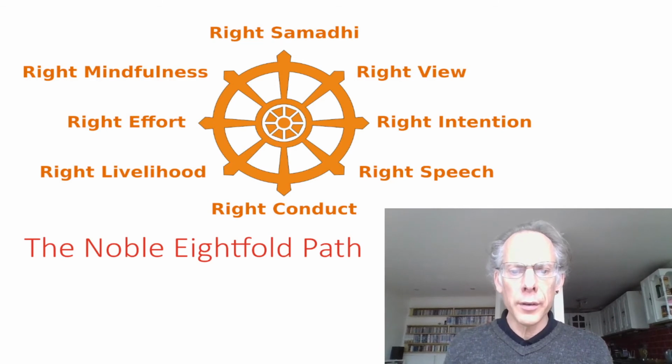In right livelihood, there are 5 occupations that we should avoid: the business of weapons, the business of human beings, meaning slavery or prostitution, the business of meat, meaning butchery or slaughterhouse work, the business of intoxicants, meaning alcohol or drugs, and the business in poisons, meaning poisons used in the killing of animals. These are all related to the suffering of other beings.